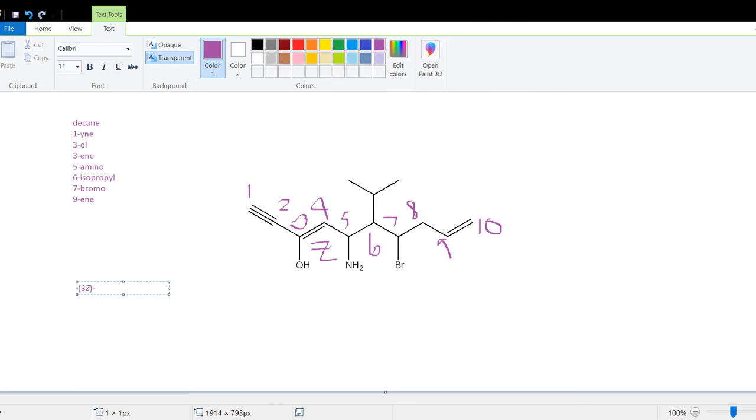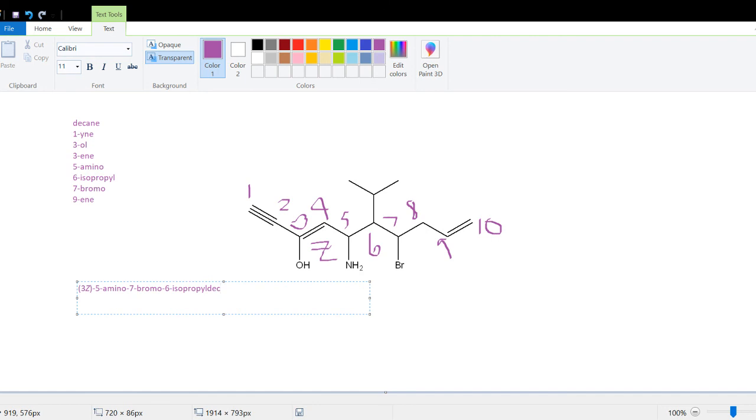So let's see. 5-amino. I can't type. 7-bromo. 6-isopropyl. And then I have my decane. But I really don't have a decane, right? I have a decene.